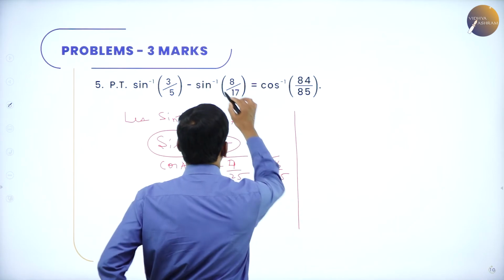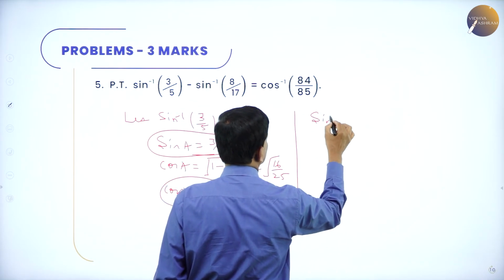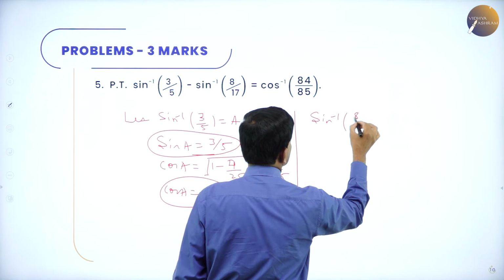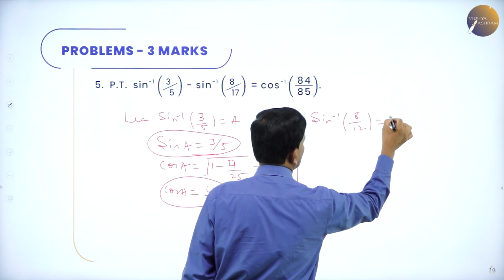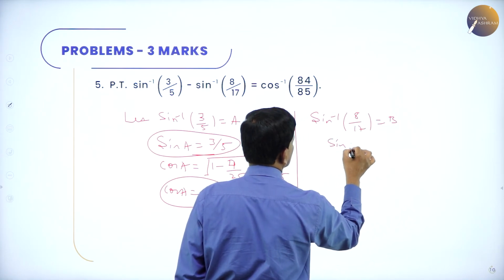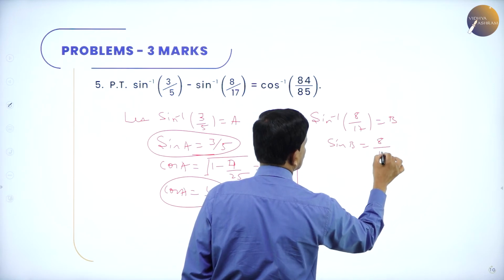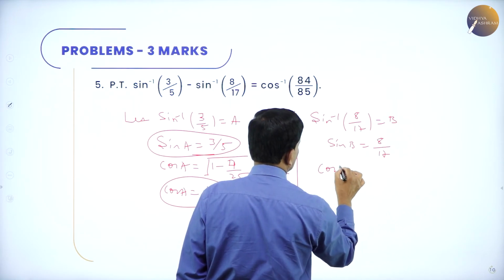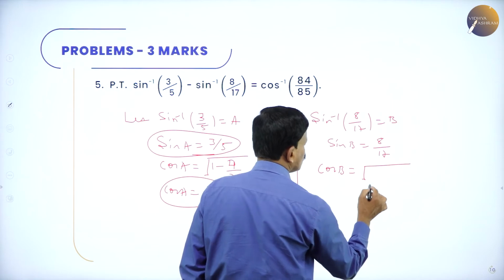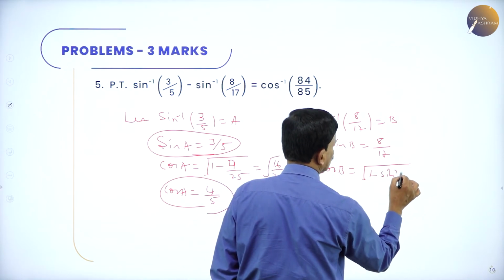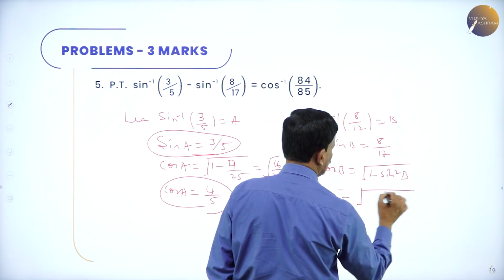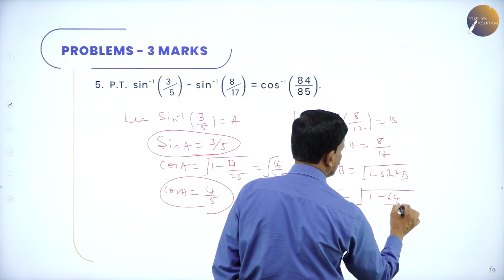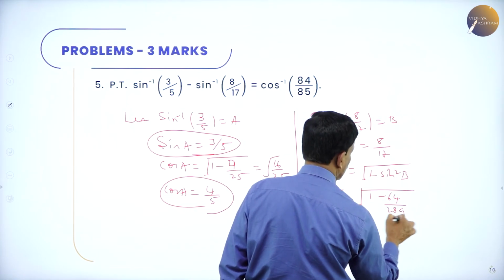Let's come to this part. Sin inverse of 8 by 17 is equal to B. Then sin B is equal to 8 by 17. Find out the value of cos B. Cos B is root of 1 minus sin square B, that is root of 1 minus 64 divided by 17 square, 289.